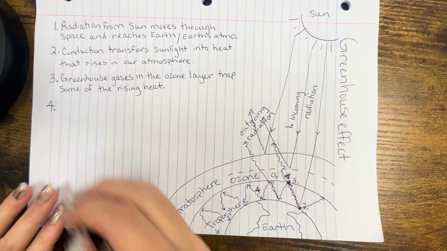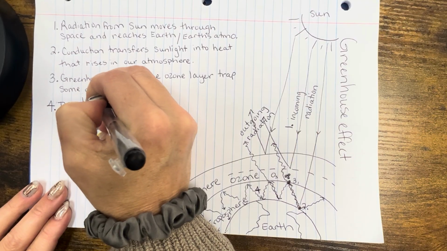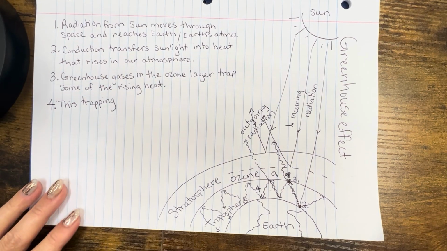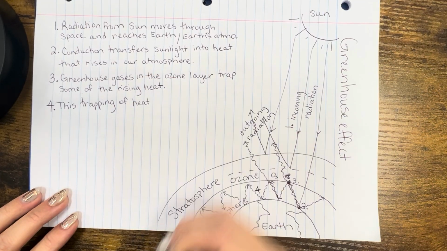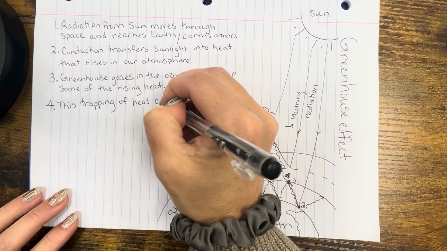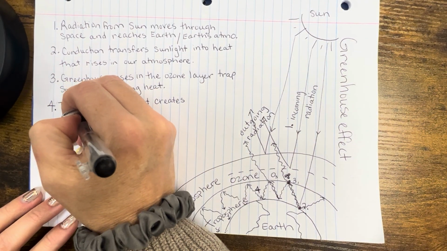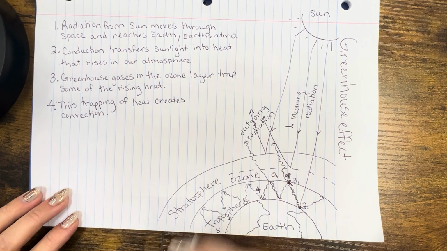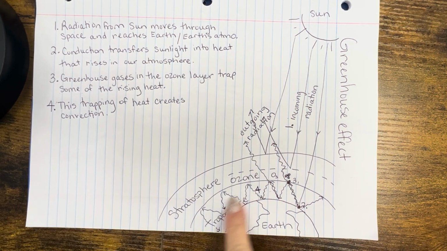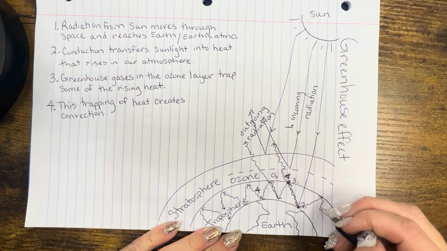Okay, now step 4 is this trapping of heat creates convection. Okay, there's convection. These are your convection cells. Take a good note of where they're, oh, we can do it over here too.